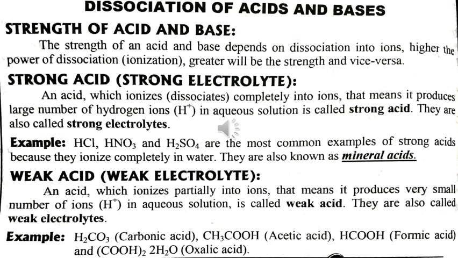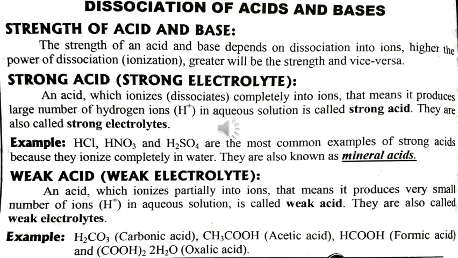Strong acid means strong electrolyte. An acid which ionizes or dissociates completely into ions, that means it produces a large number of hydrogen ions in aqueous solution, is called a strong acid. They are also called strong electrolytes.